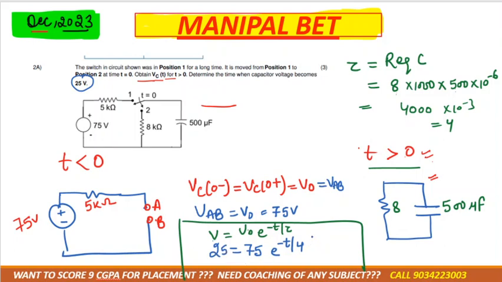Solve it like how? 25 by 75 equal to e power minus t by tau, right? Further, we can take log. Log of 25 by 75, we can use the calculator. Log of e is equal to 1, then we'll get a simple value and then minus by 4. From here we get the time, which should be in seconds. Got it?